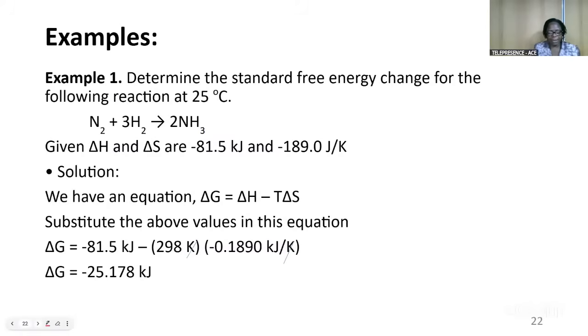Let's look at an example here. This question says you should determine the free energy change for the reaction given here at 25 degrees Celsius. So this is formation of ammonia from nitrogen and hydrogen, and you are given the delta H and delta S. The question is determine the standard free energy change for the reaction.